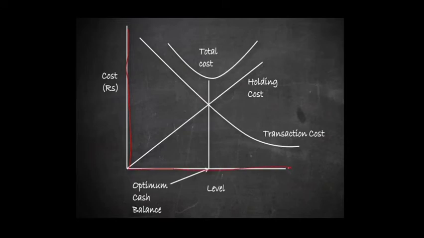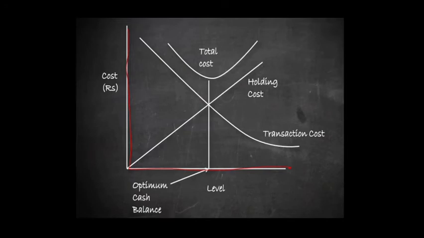It means when your level, the level of cash, is low, the cost is low, and when the level goes up, the cost goes up.